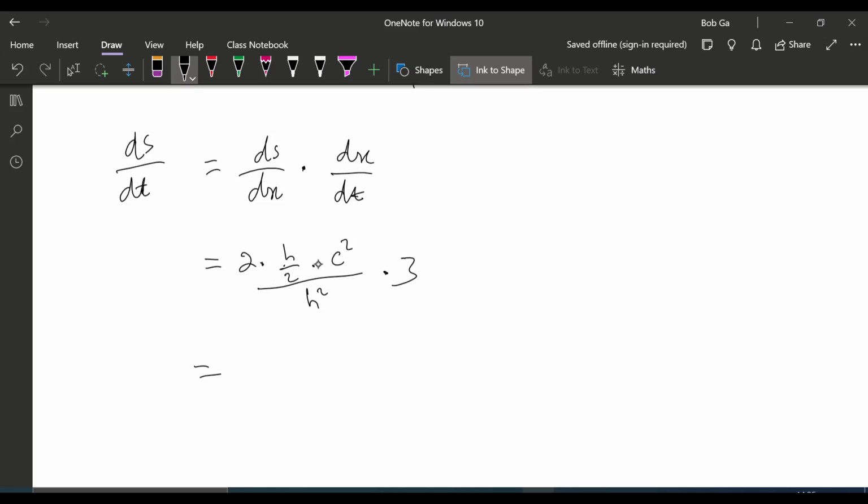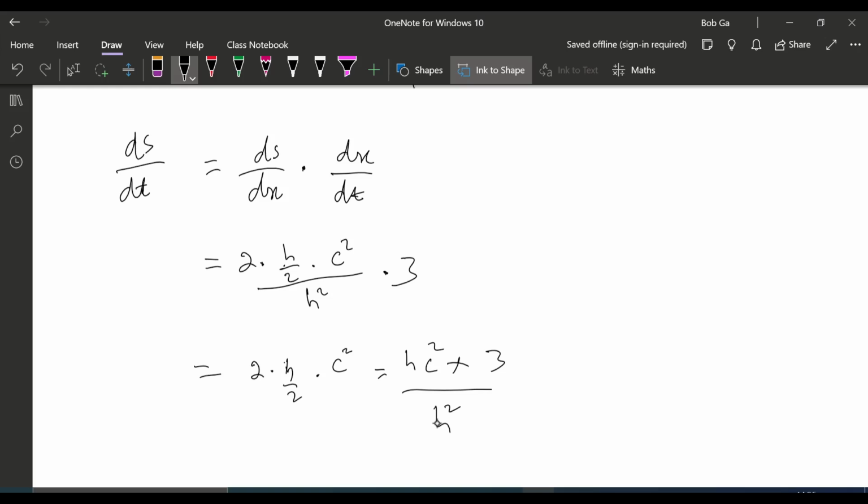So we're going to have 2 dot h over 2, so this 2 will cancel this 2 here, dot c squared, that's going to give me h c squared times this 3 over h squared.